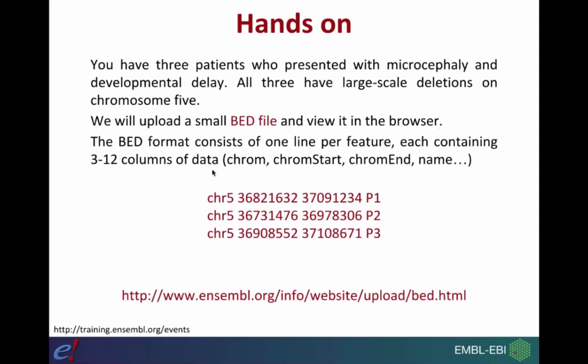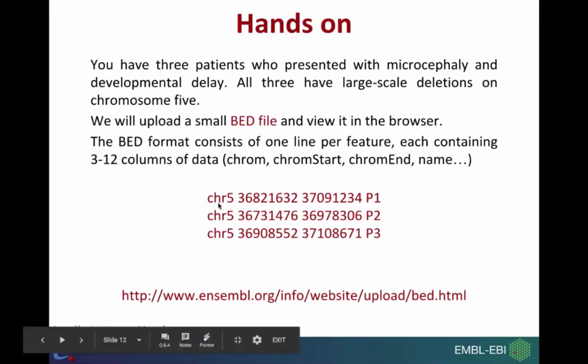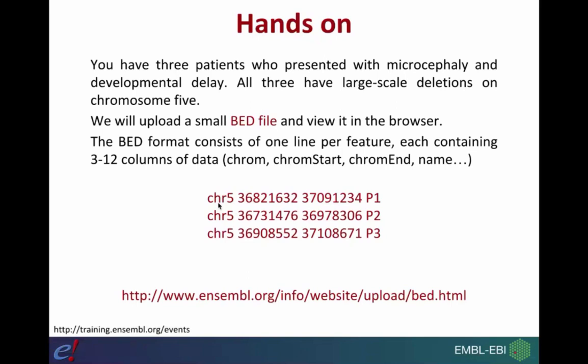And this is the first introduction to the BED file format, here shown in red. So a BED file format is a column format, which has at least 3 columns. The first one being the chromosome, the second being the start position on the chromosome, and the third being the end position on the chromosome.